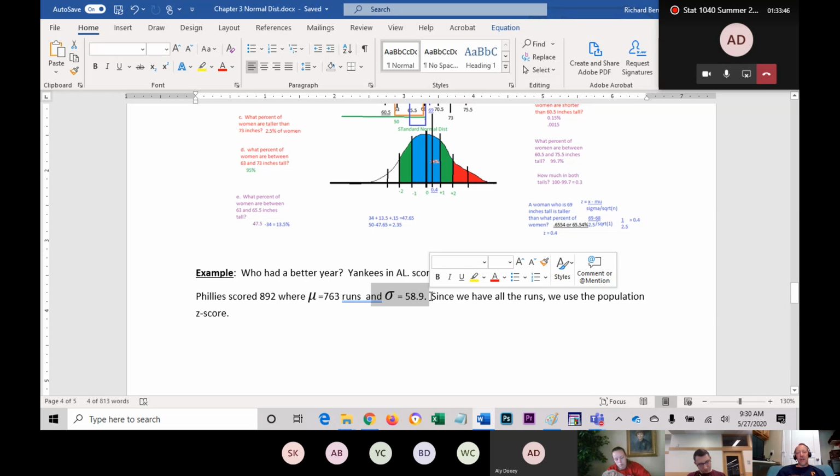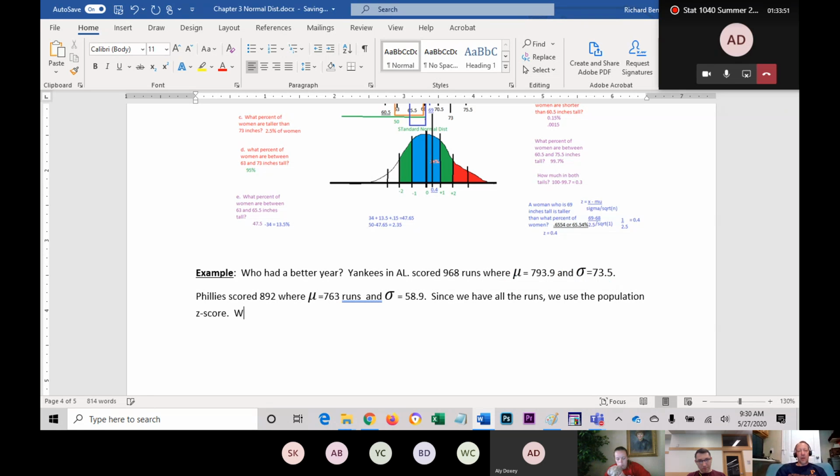Okay? And so the idea is who was the better hitting team compared to their league. Phillies are in the National League.